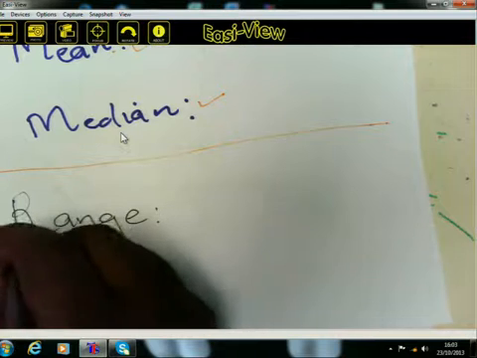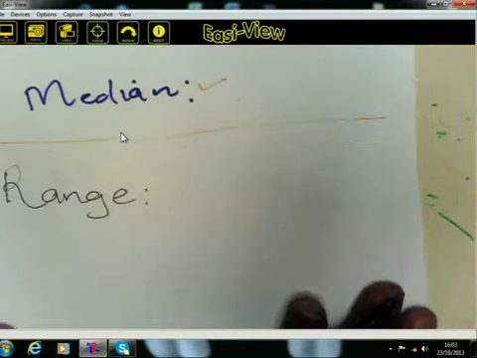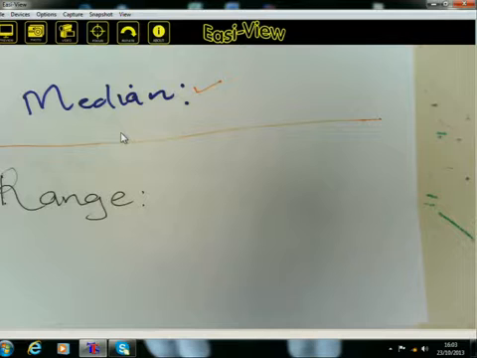What is a range? The range of a data set is the difference between the highest and the lowest score. Remember, when I talk about the difference, what comes to your mind? That means you subtract.